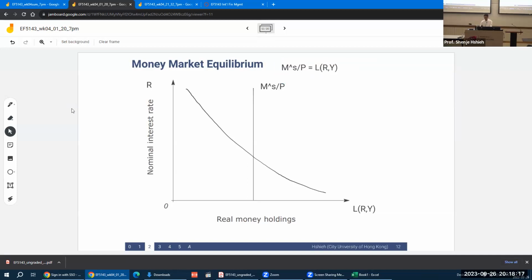You can also visualize this: it's at the intersection of these two lines. That is the equilibrium R that will go into the UIP equation.